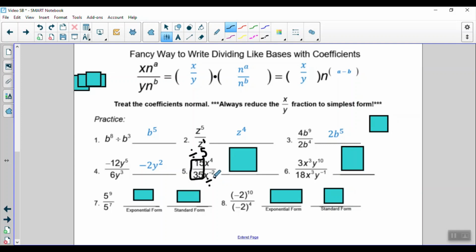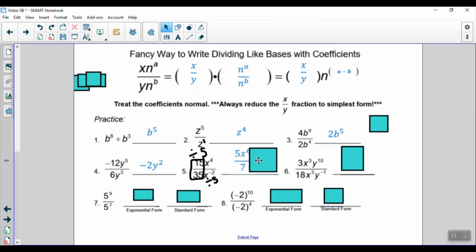When I move this answer box away, it's actually going to be wrong. I typed the wrong thing in here, but 15 divided by 5 is 3. So this should have been a 3. Sorry, guys. Right? 15 divided by 5 is 3. And then 35 divided by 5 is 7. So we're just simplifying that fraction. 15 over 35 simplifies to 3/7.